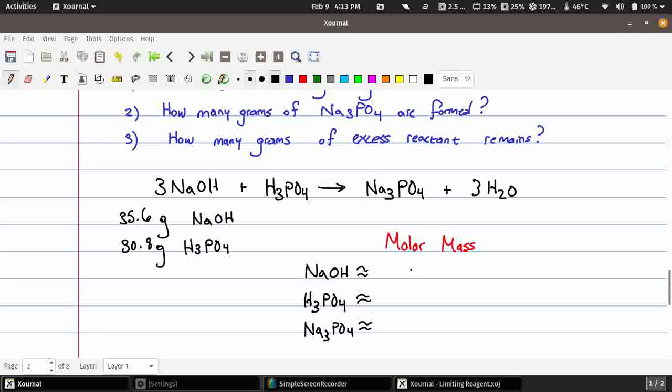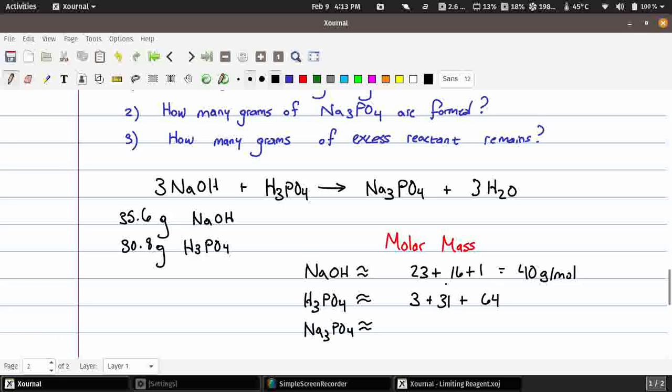You have 23 for sodium plus 16 for oxygen plus 1 gives you about 40 grams per mole. If you use the unrounded values, you're going to get something like 39.9999. Now for phosphoric acid, we have 3 for 3 hydrogens, 3 times 1, plus I think phosphorus is 31, plus 64.